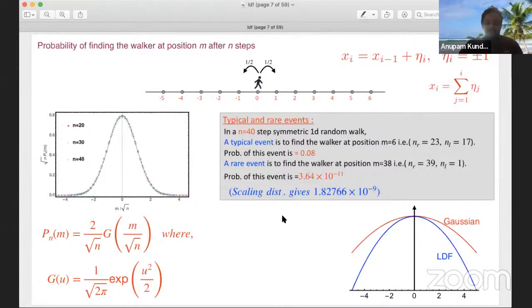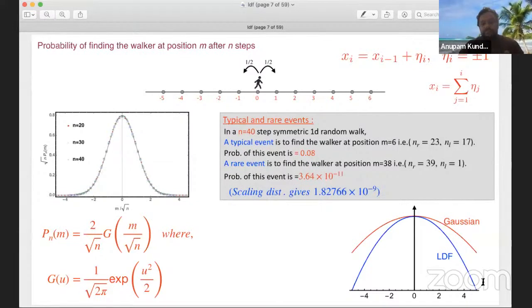But consider this event, in which the walker is at position 38 after the 40 steps. That means it has taken 39 right steps and only 1 left step. The probability of this event, if you do an actual calculation, is 3.64 times 10 to the power minus 11. But this scaling distribution gives only this.